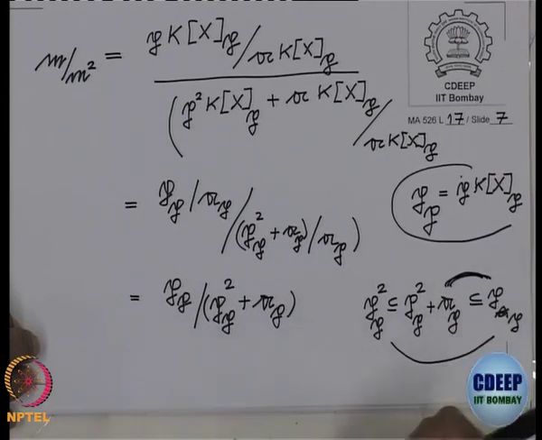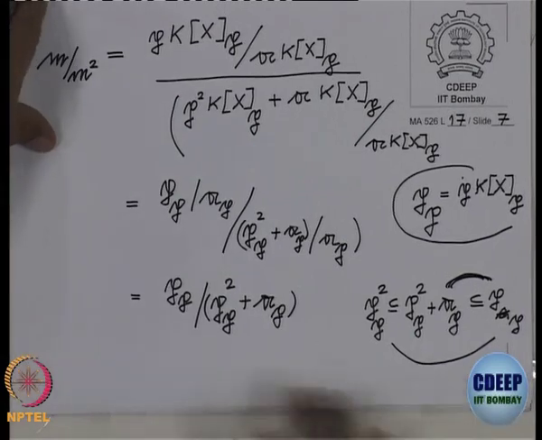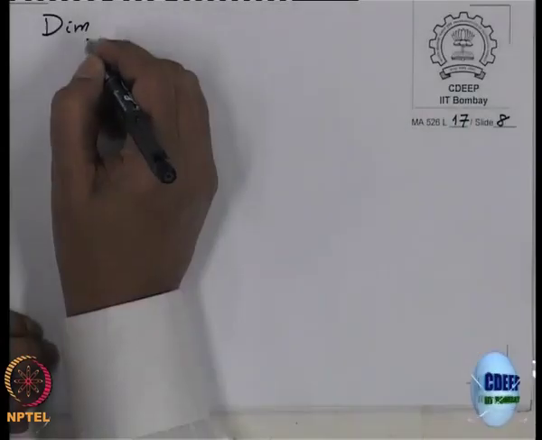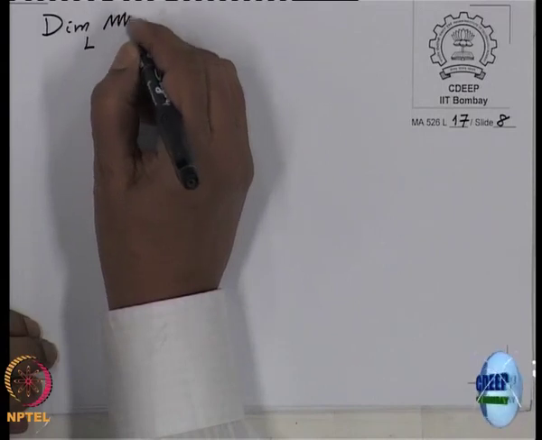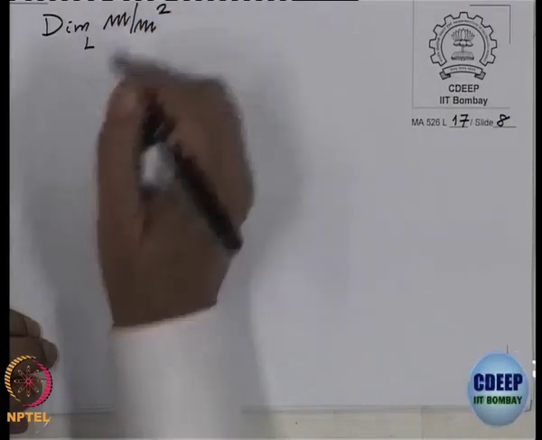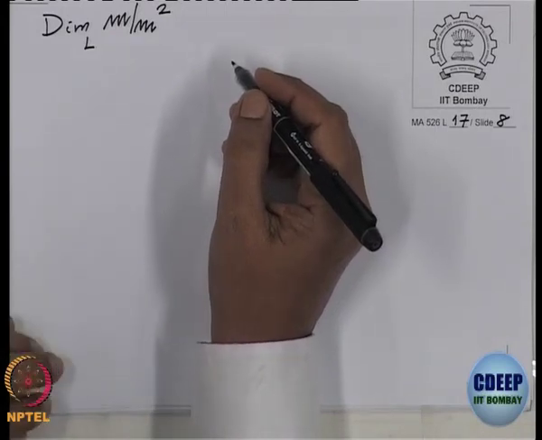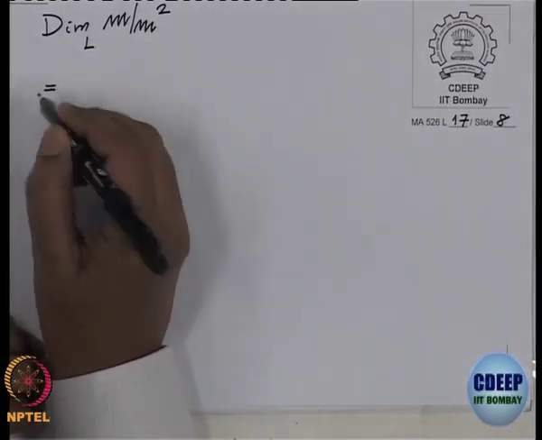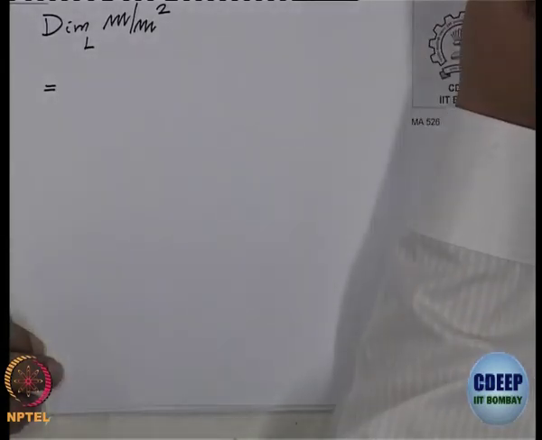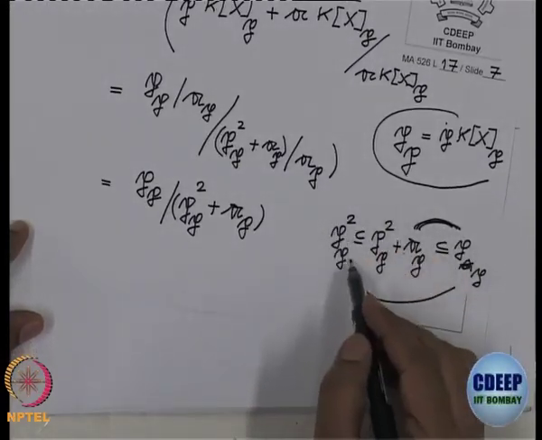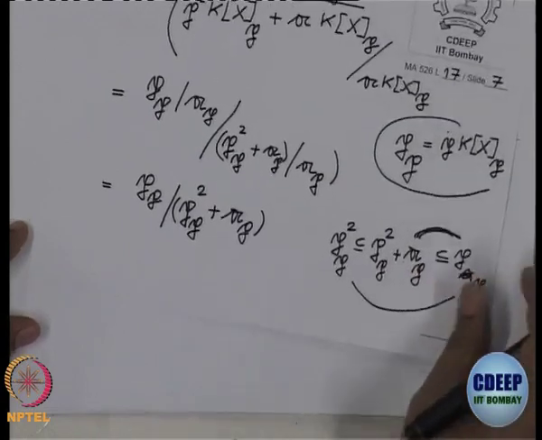But this is better, right. So, therefore, this dimension, so I will write, the dimension of m by m square as an L vector space is equal to this, this is what we want. So, the dimension will be this minus this, right.